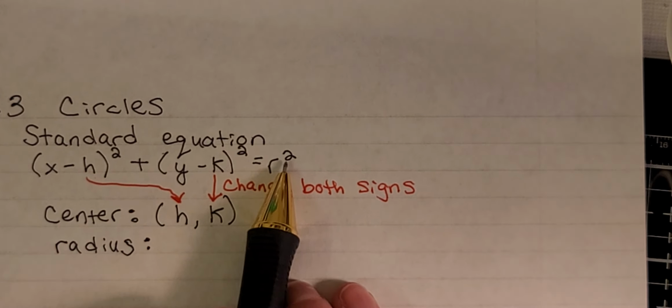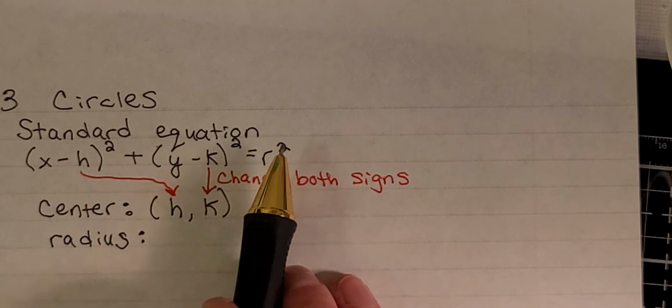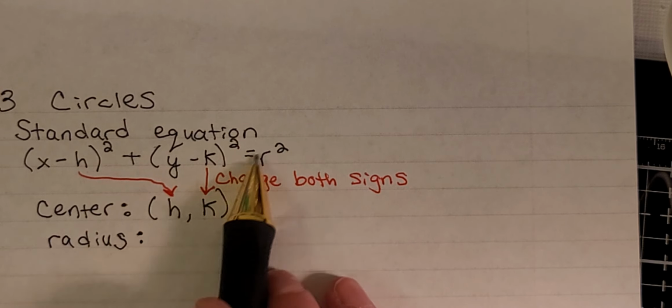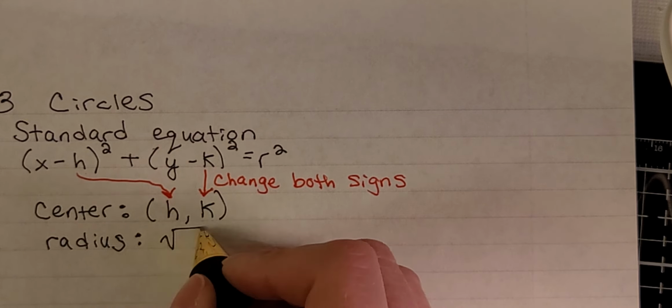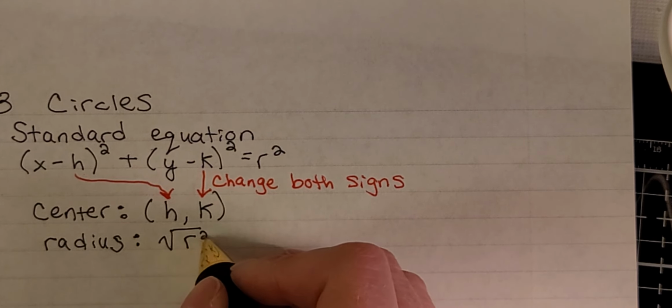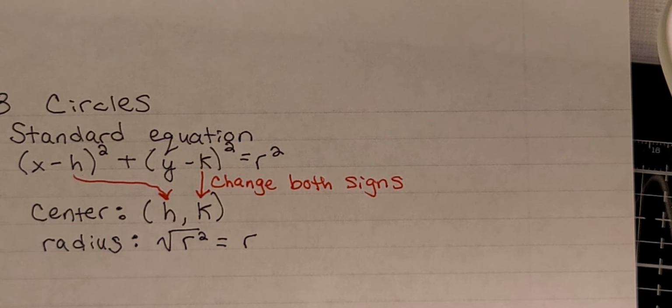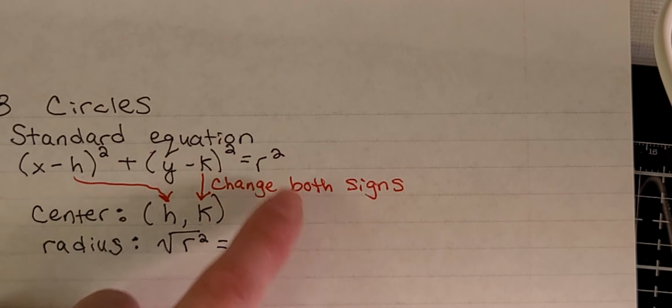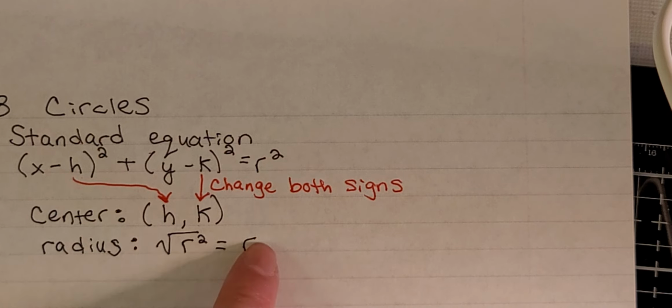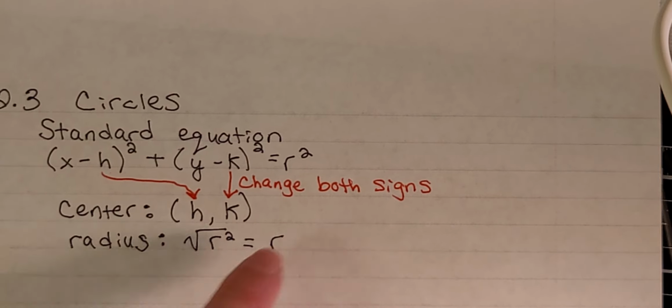Normally your radius is just plain r, but you're going to want to square root that since it's squared in there. So it's going to be the square root of r squared, which is just your plain r. So this will typically be a number like 4. You would square root the 4, and then your radius would be 2.